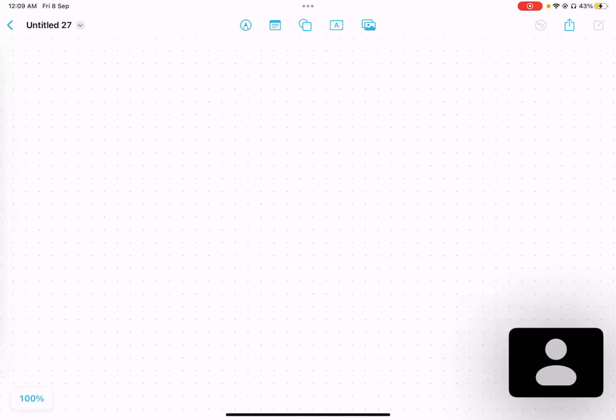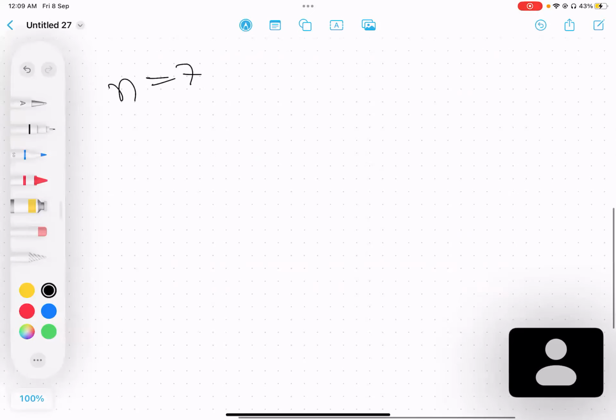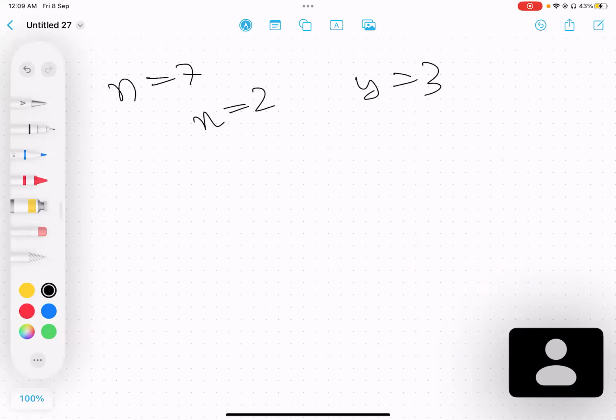Let's take n equal to 7, and let's say x equal to 2 and y equal to 3. Let's say you took the permutation 1, 2, 3, 4, 5, 6, 7, the simplest permutation.